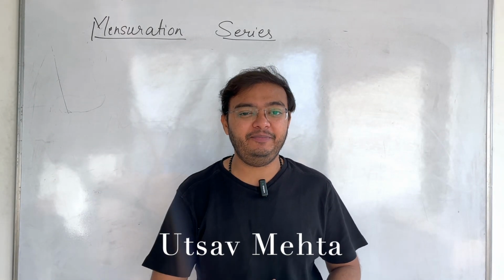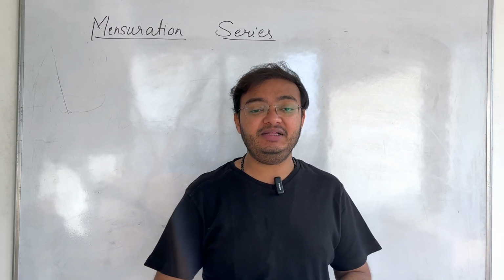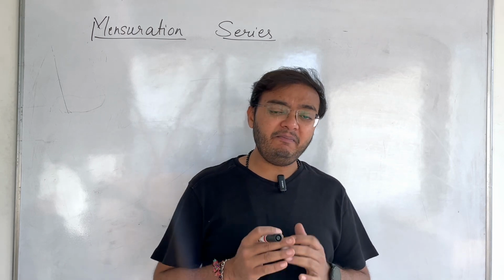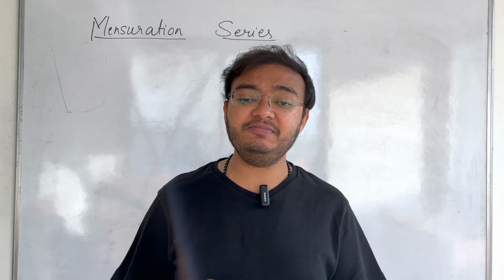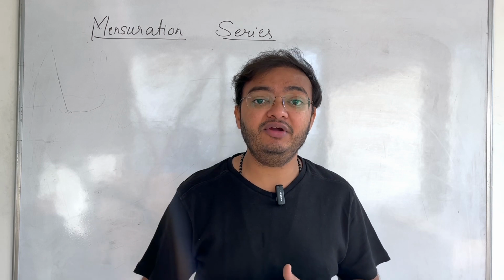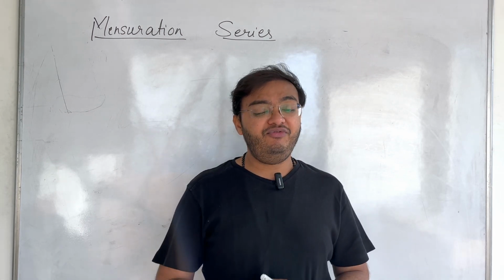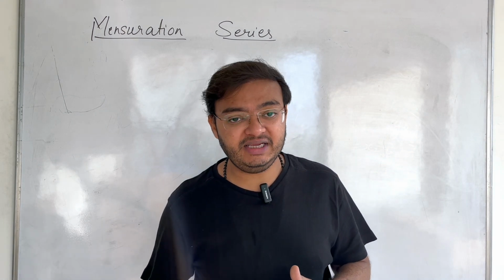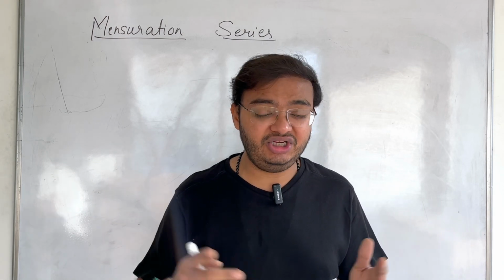Today I am here to bring one of the best and most important series in mathematics, that is mensuration. Now, what is the meaning of mensuration? Mensu means measurement. In this chapter, we are going to talk about the measurements of many shapes, from square and rectangle to trapezium and polygon.